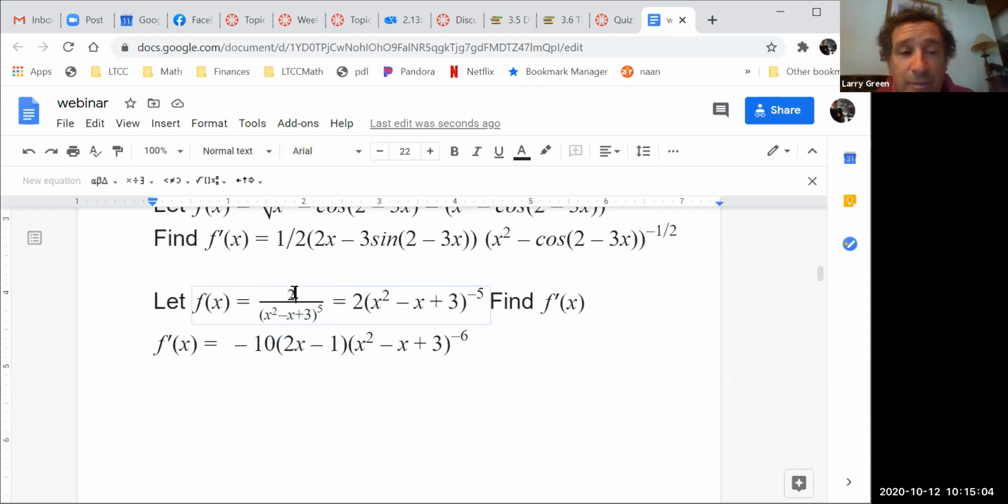So even if this had been 2x, you still would want to bring this to the negative 5th, and it's still much easier. So whenever you have the quotient, the denominator, as a power, use the chain rule. And life is easier for you. It's not wrong to use the quotient rule, but it's a whole lot more work. And now we're done. So I want to stop my share and stop the recording.